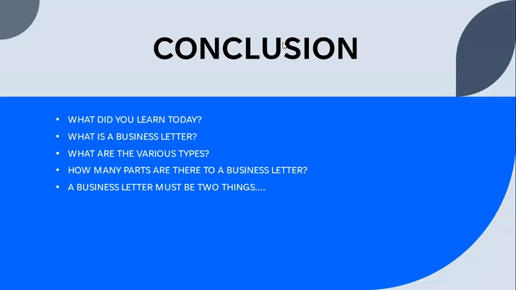What else do we know about the business letter? It should be clear and concise. Congratulations, thank you, request, complaint or application. Okay, those are the types. How many words should you have? 100. Very good. So it must always be clear and concise.